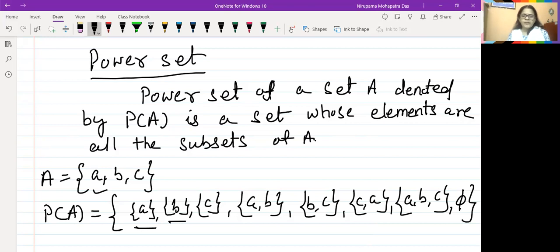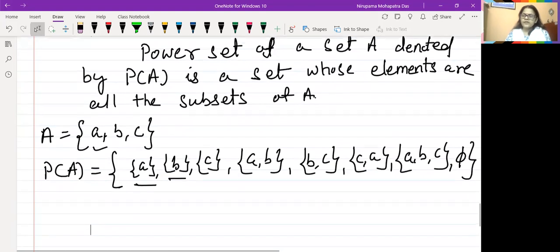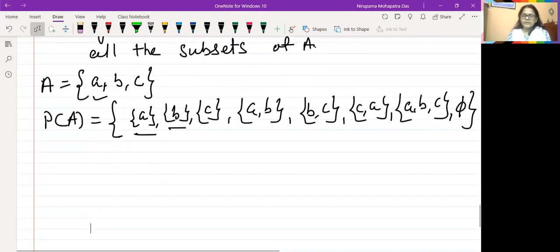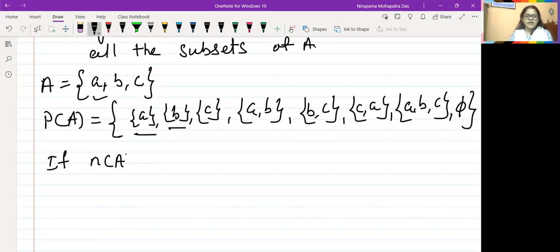It means the number of elements in the power set of A is 2 to the power 3. You can count in case you are missing something: 1, 2, 3, 4, 5, 6, 7, 8. So if the number of elements in A equals n, the number of elements in the power set of A equals 2 raised to the power n.